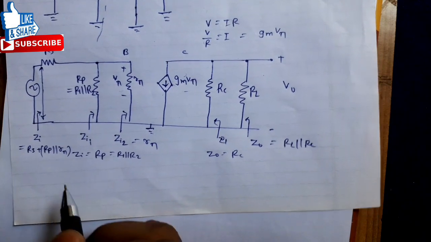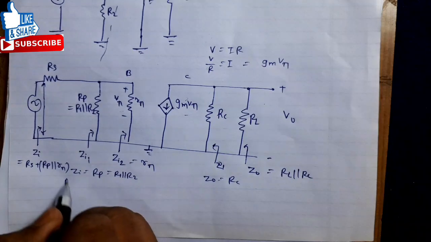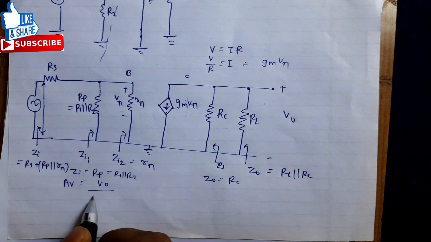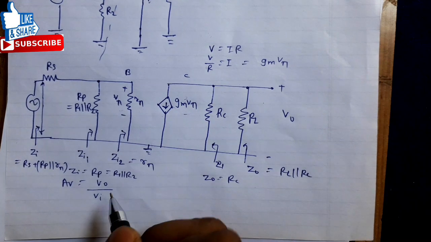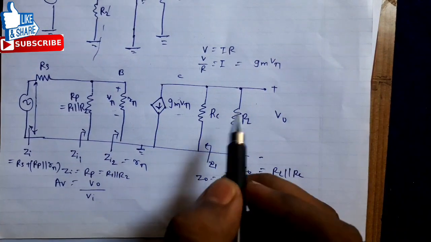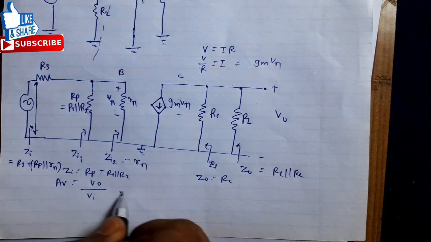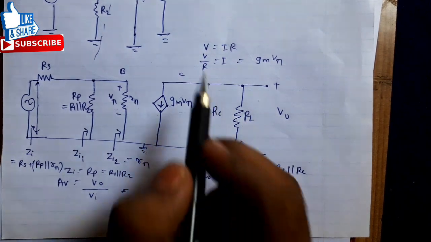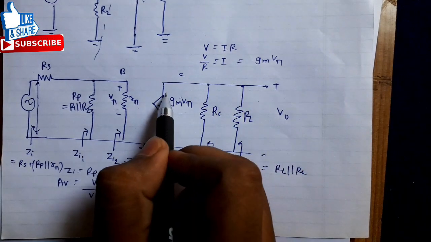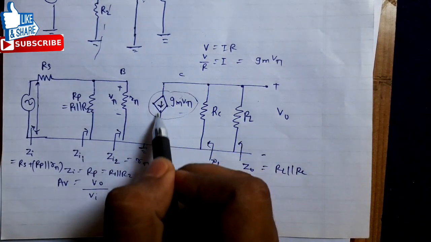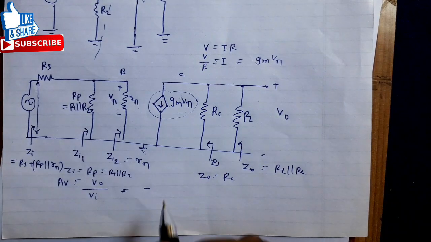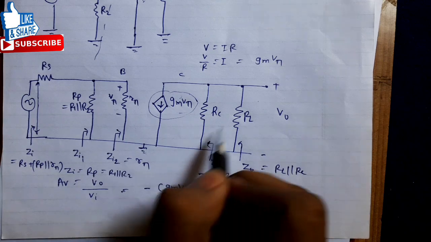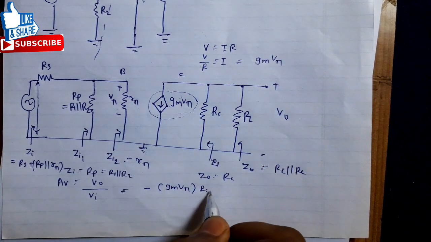Now for finding the voltage gain, AV equals output voltage divided by input voltage. Here this is my output side. The output voltage means V equals I into R. My current is this one; due to the downward direction I take a minus sign, so it is minus Gm into V pi, into R, where R is RC parallel RL.